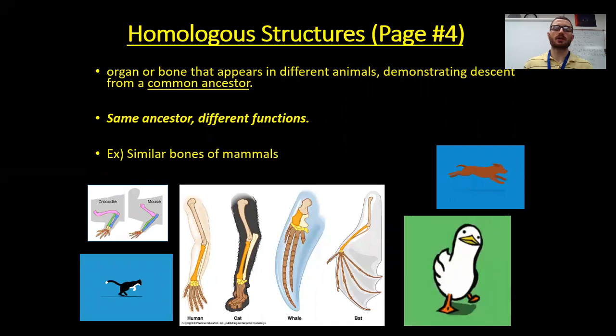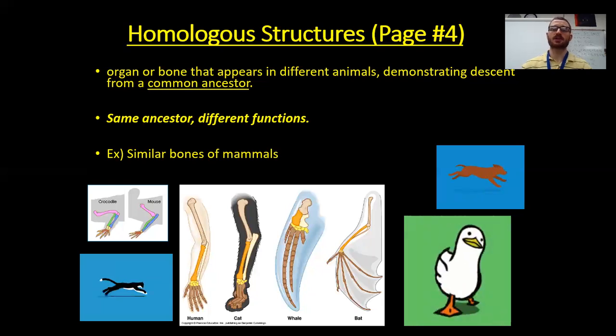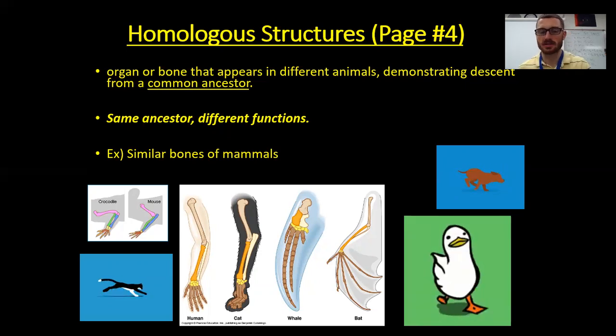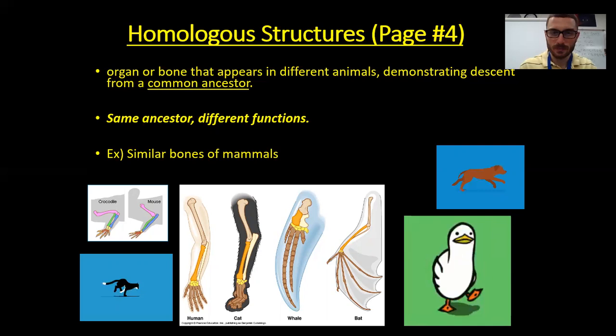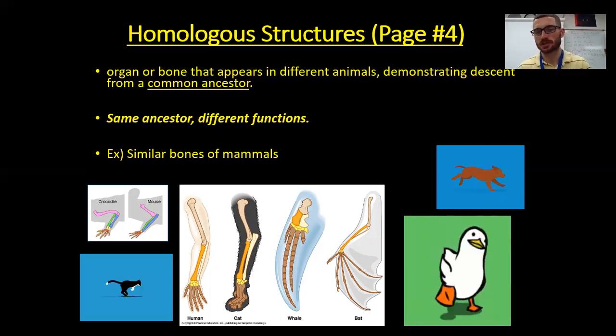Please record this down. Homologous structures, again, organ or bone that appears in different animals, demonstrating descent from a common ancestor. So essentially, what's the main idea? These animals have the same bones, the same ancestor, but their structures serve different functions. The human arm, right?